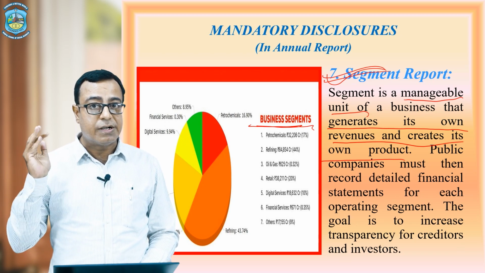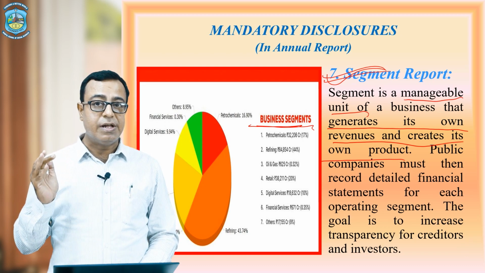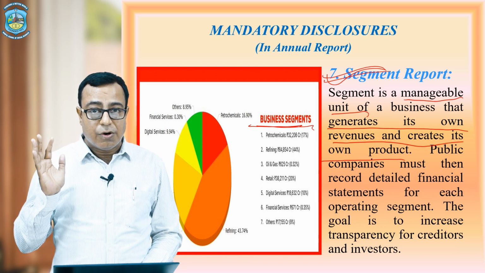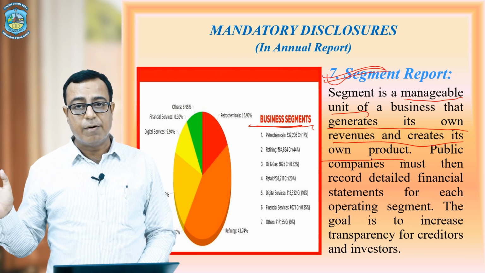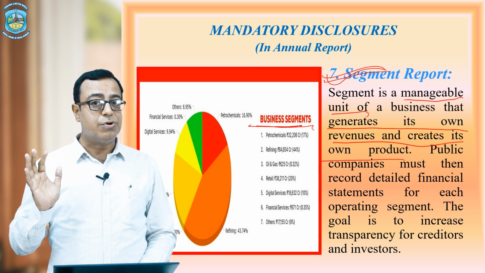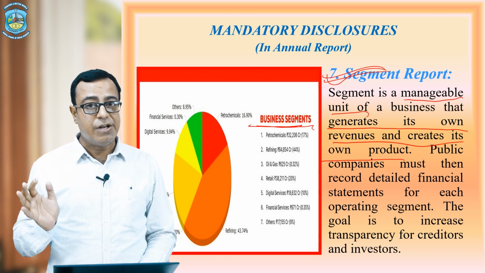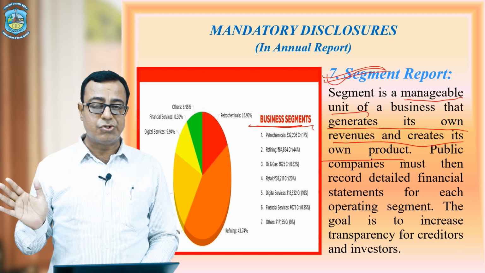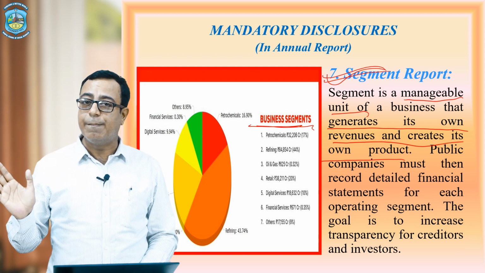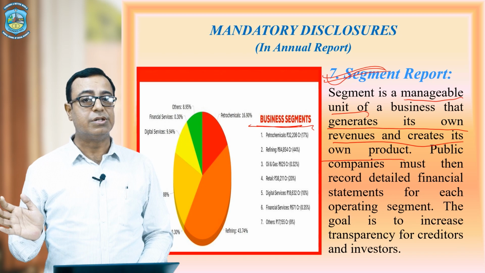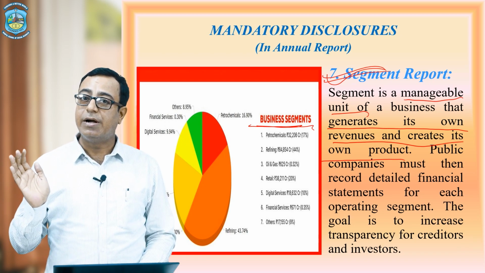To create transparency and knowledge of each and every segment, it is mandatory to disclose the revenue, the expense, the cost of every segment separately in the annual report. This is known as segment reporting.